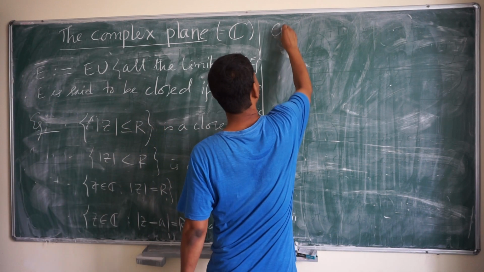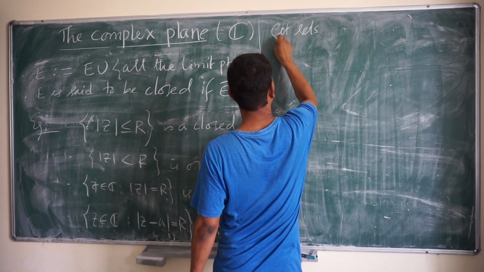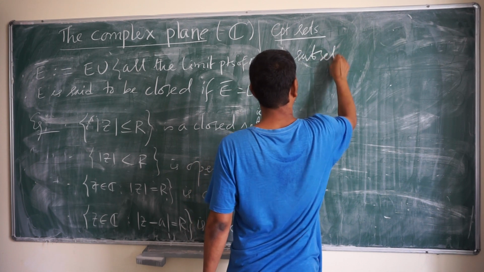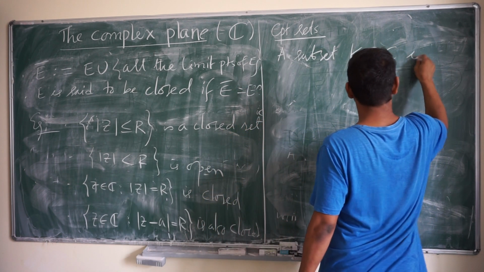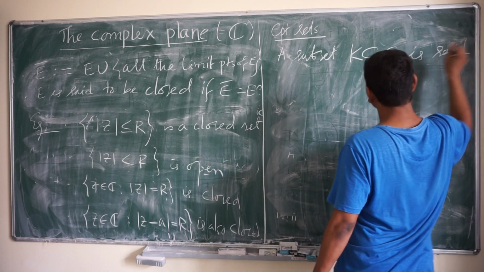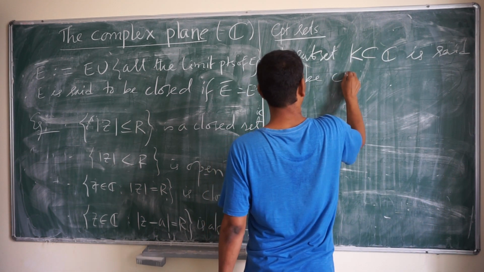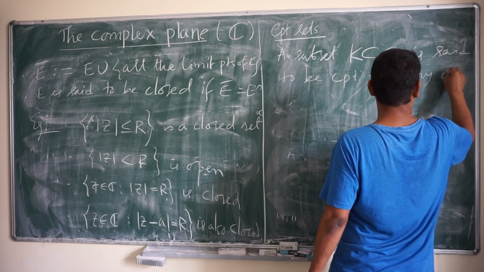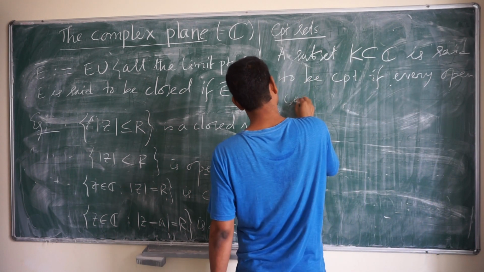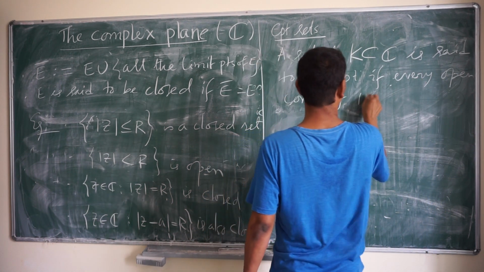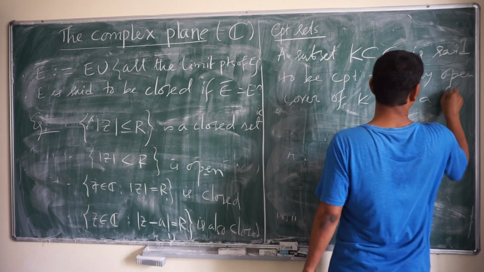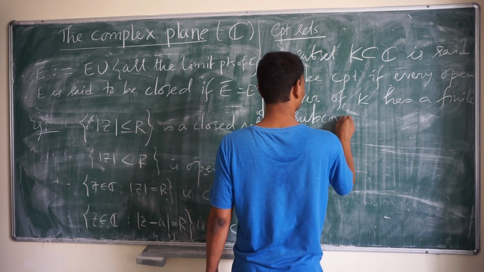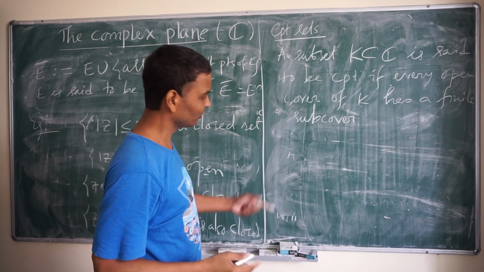Alright, compactness. A subset K in C is said to be compact if every open cover of K has a finite subcover. What is an open cover?